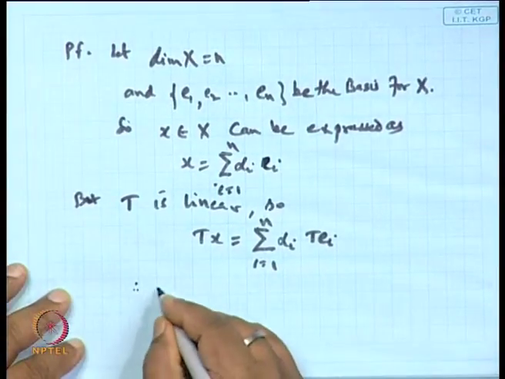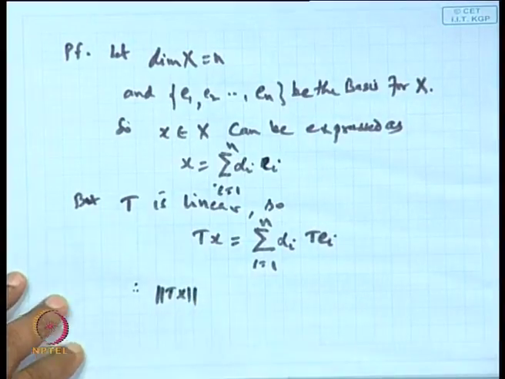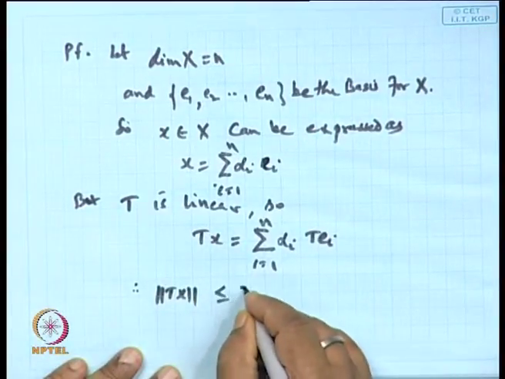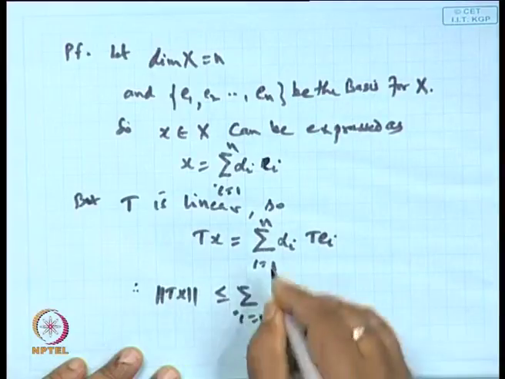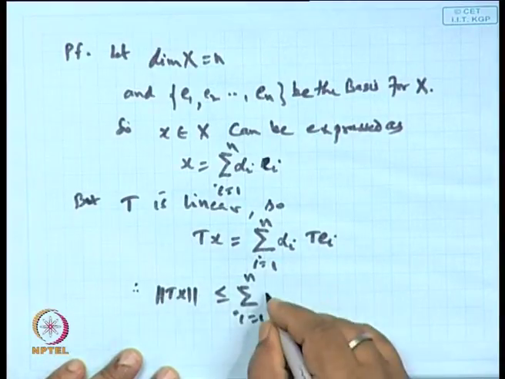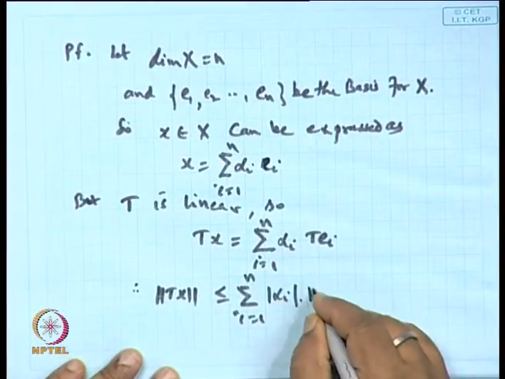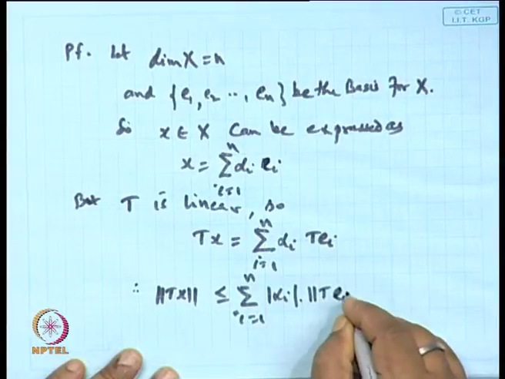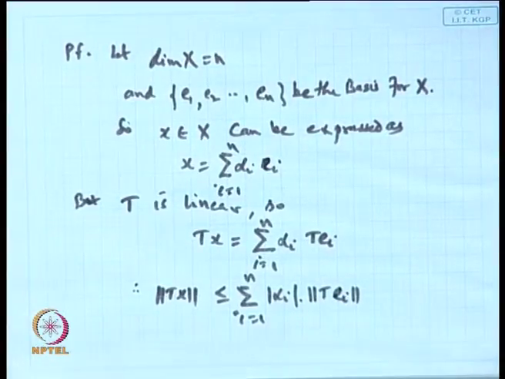Therefore, norm of Tx is less than or equal to the sum i equal to 1 to n of mod alpha_i into norm of T(e_i). T(e_1), T(e_2), ..., T(e_n) are finite in number and we are taking the norm.